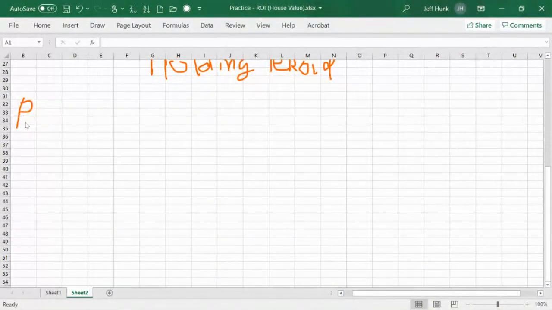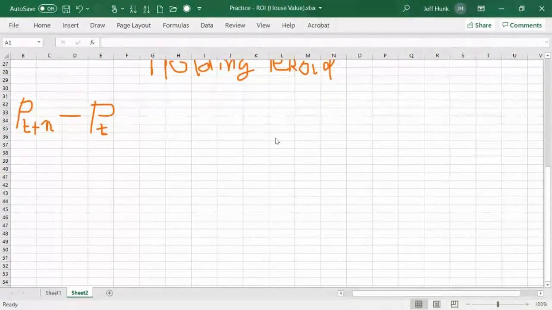First of all, PT plus N minus PT. What does P stand for? In our previous example, P was principal, but in a broader context, P stands for price.